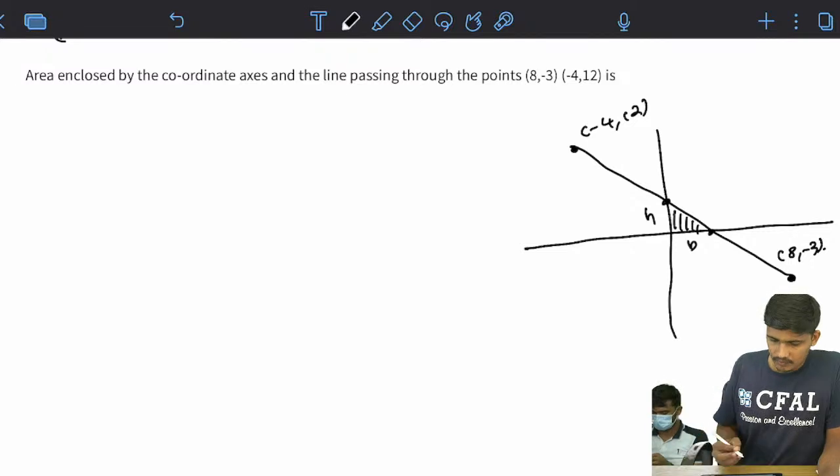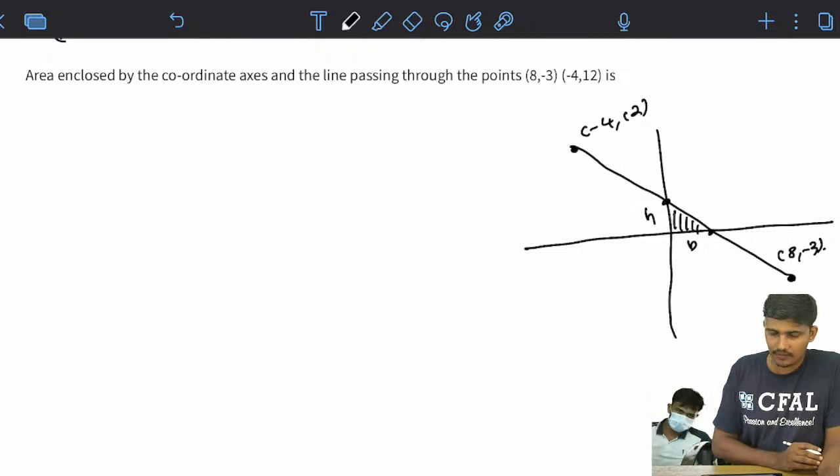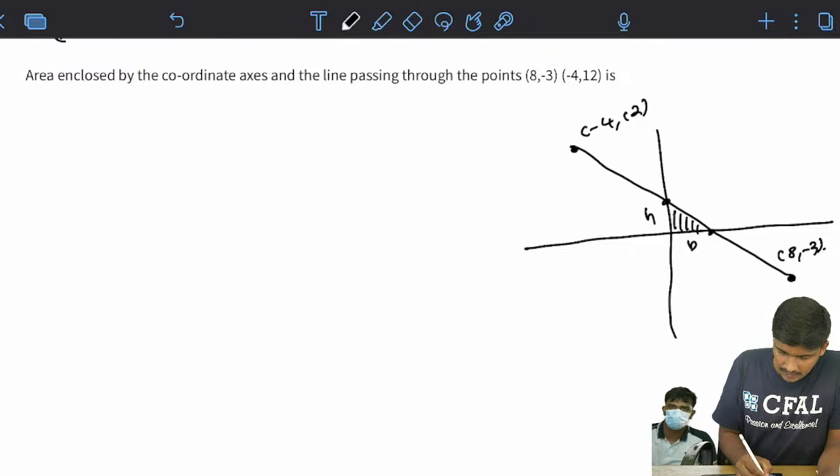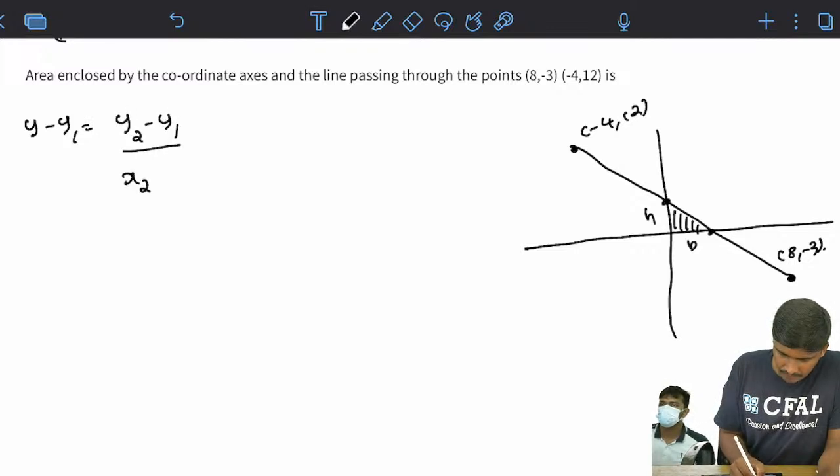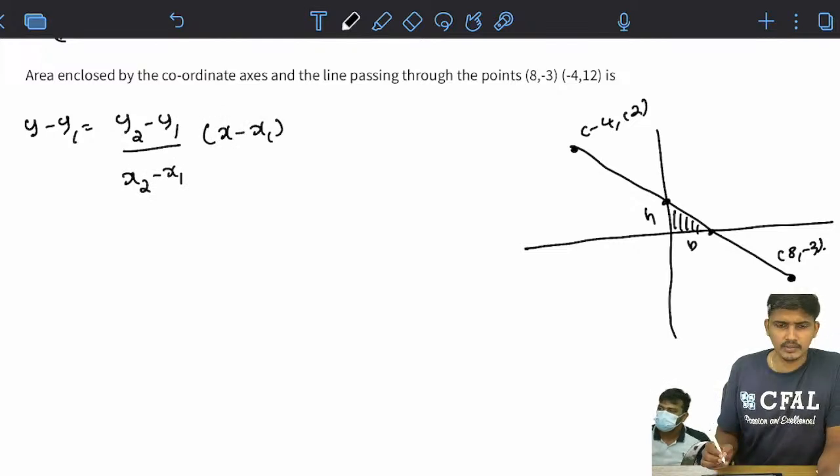So the first thing I am going to do is find the equation of the line. Whenever we have 2 points, we know how to find the equation of a line. The equation of the line, whenever 2 points are given, is y minus y1 is equal to (y2 minus y1) divided by (x2 minus x1) into (x minus x1).